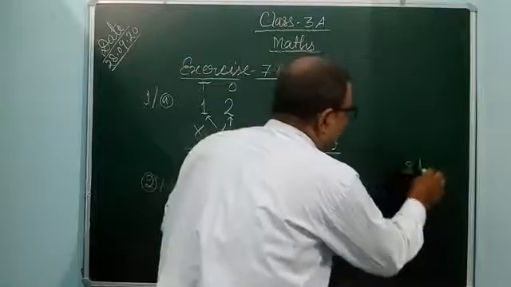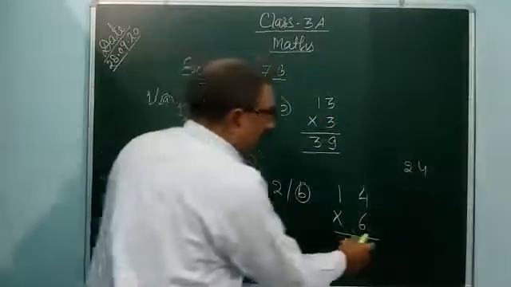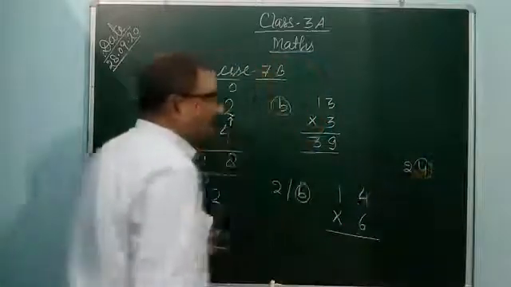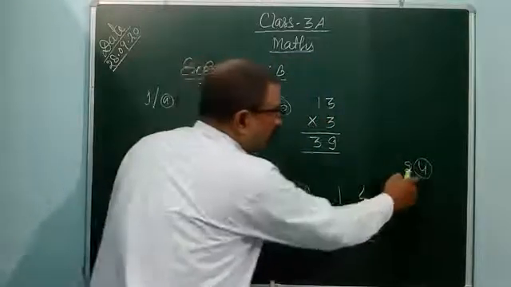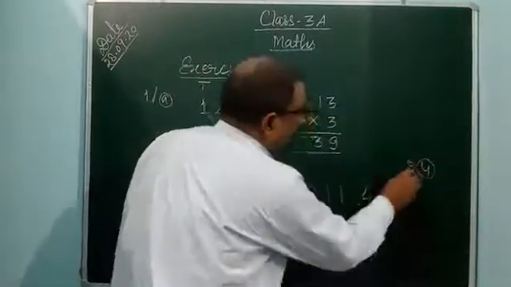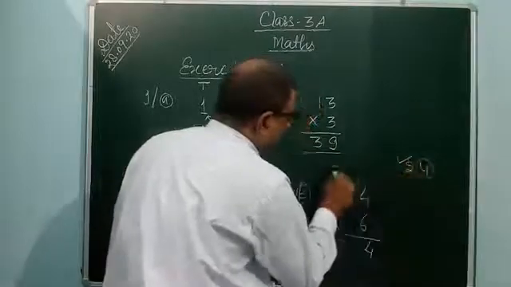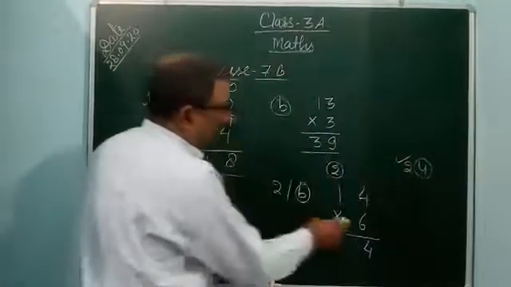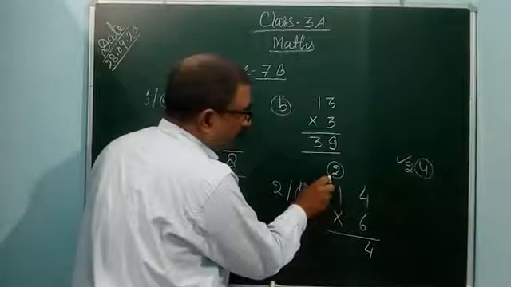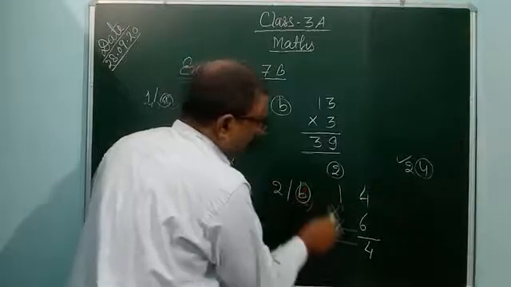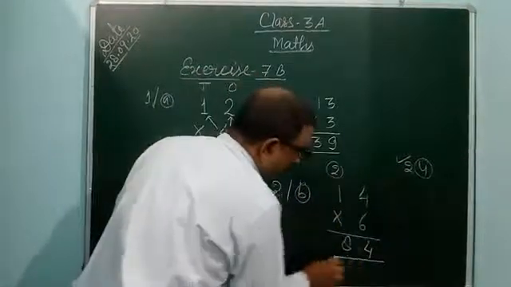You write 4 at ones place and carry 2. Then 6 ones are 6 and 2 is 8. So 84.